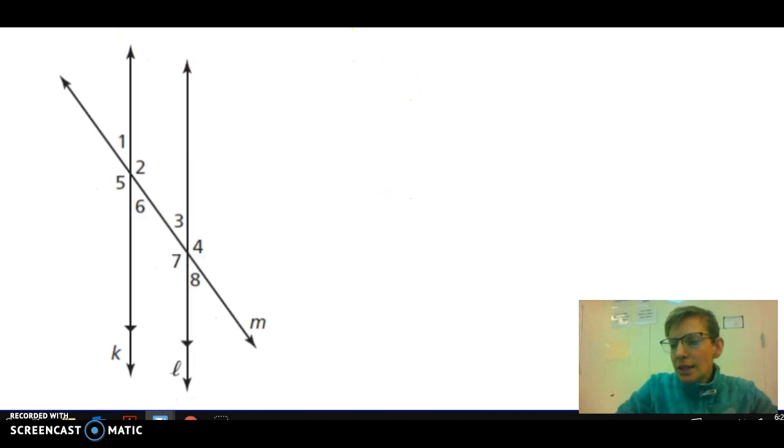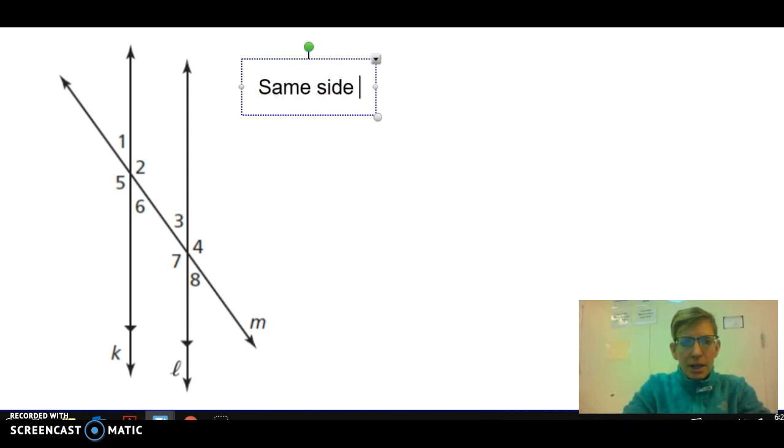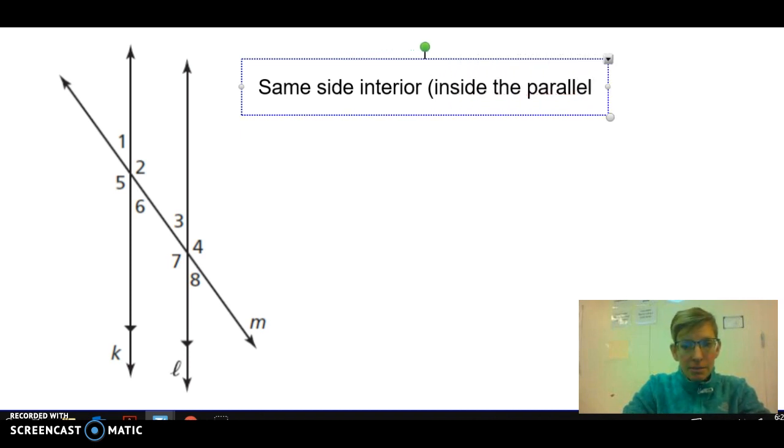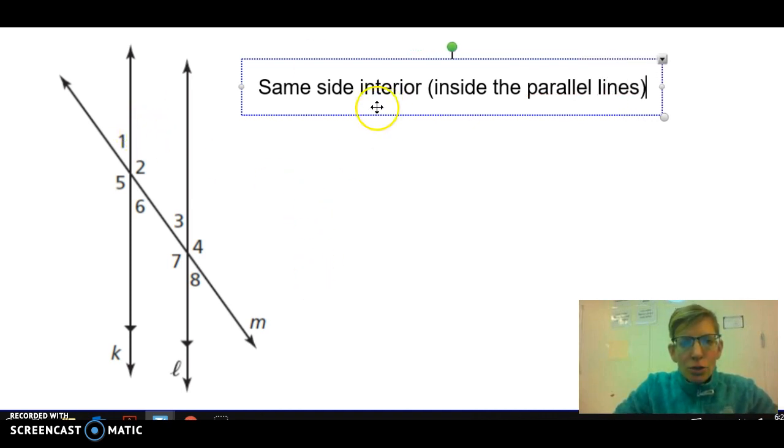Okay, so now let's take a look at one of the other terms on that blue sheet. It is the one on the bottom left, same side interior. What interior means is inside the parallel lines. So if I'm thinking about inside the parallel lines, I'm thinking about between the parallel lines.